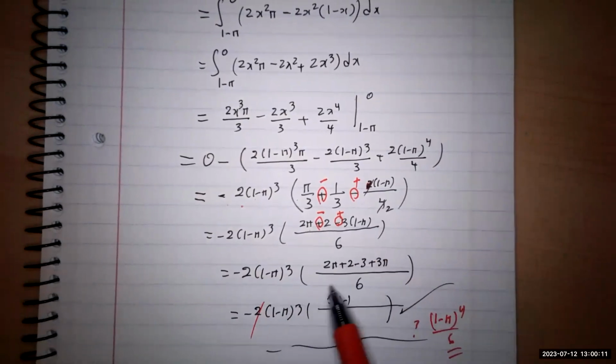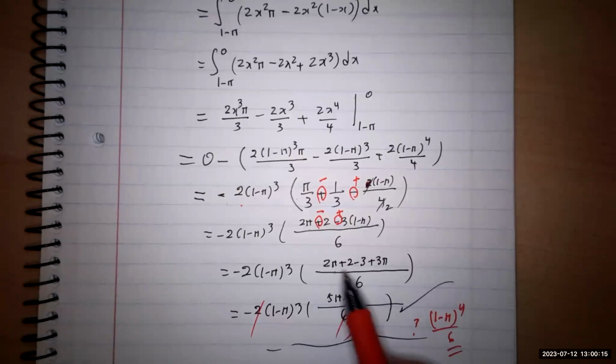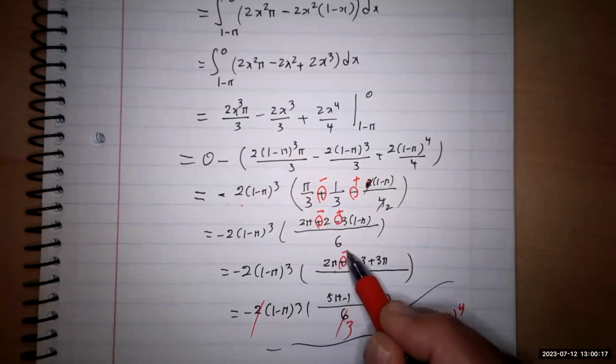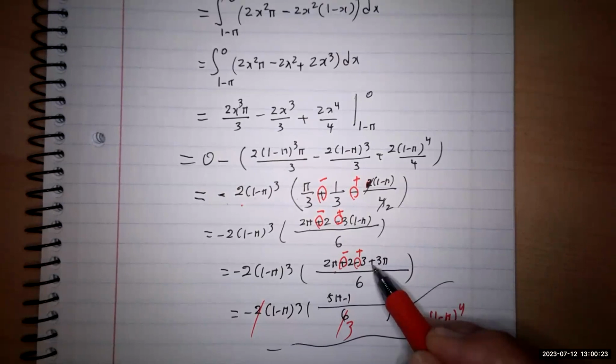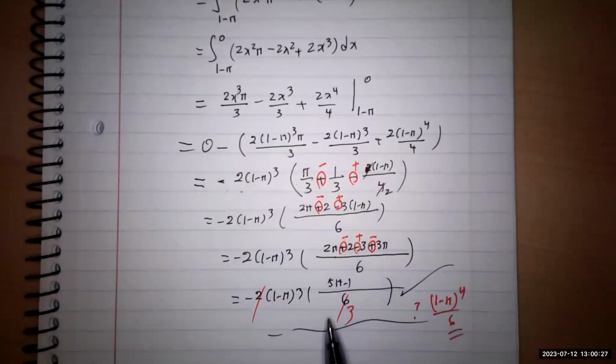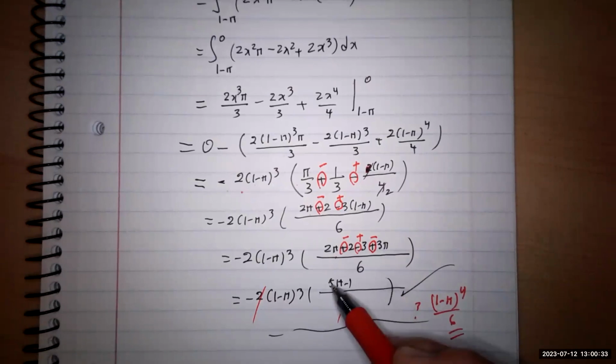So we go on, 2 pi. Now what we have, 2 pi, this is negative. Okay, so this would be positive. This would be negative. Now what we have here, we get the one that I'm interested in. We get the 2 pi minus 3 pi, which is going to be negative pi.